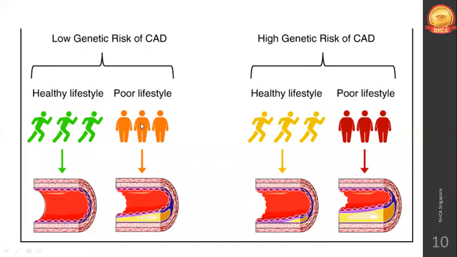But people who have a low genetic risk of heart diseases but have a very poor lifestyle can definitely develop any form of heart disease, not just CAD or CVD. People who have a high genetic risk of coronary artery disease, even children can also develop peptic ulcer if the diet is not under control.